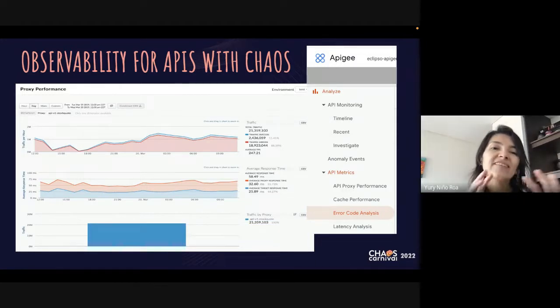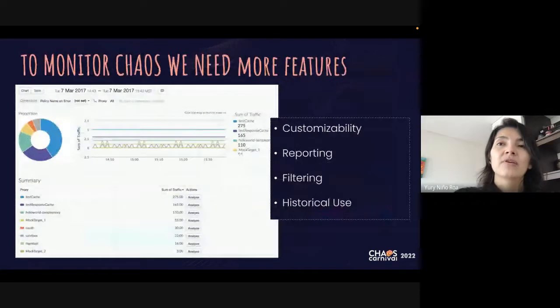It's really important to identify those things that are different in comparison with other components in the behavior of the system. So in this dashboard, we have the possibility to visualize API metrics. I am talking about API proxy, proxy total traffic, proxy error rate, proxy latency percentiles, for example.